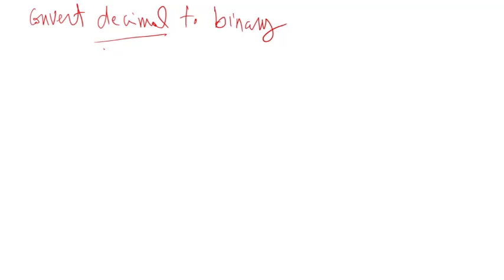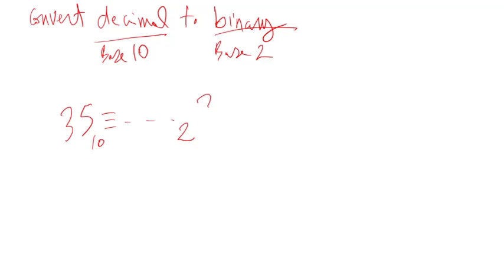Decimal means it's base 10. Binary means it's base 2. Base 2 means either 0 or 1. So let's start with an example: 35 decimal, base 10. We want to find the equivalent in base 2. How do we do that?